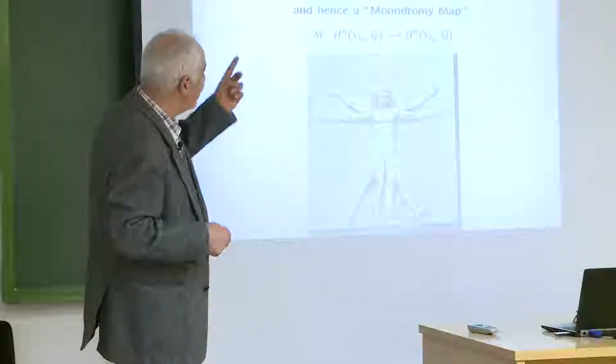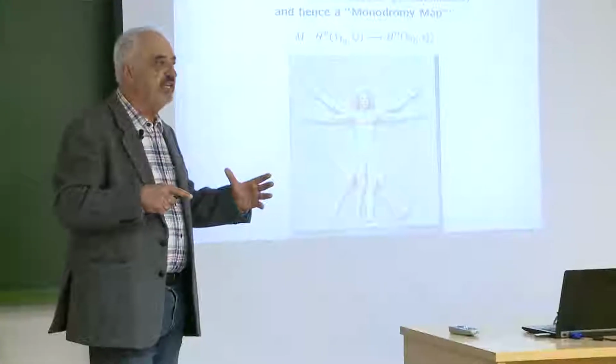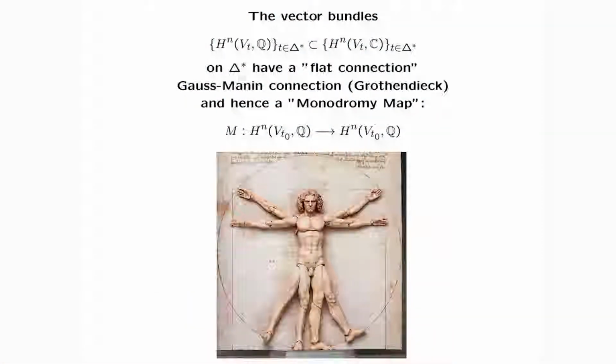Since we have a vector bundle now over the punctured disk, we are changing the geometric picture where we have a geometric object into having a vector bundle where we have cohomology classes. And the geometric monodromy is transformed into a monodromy map, which is a linear map in cohomology.